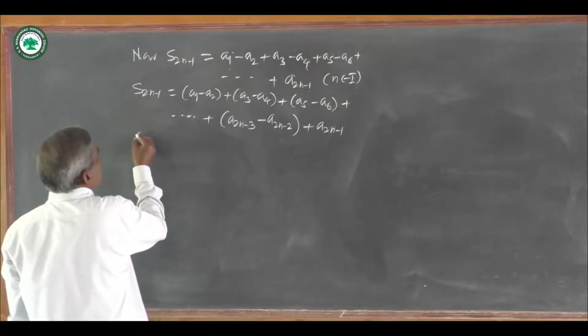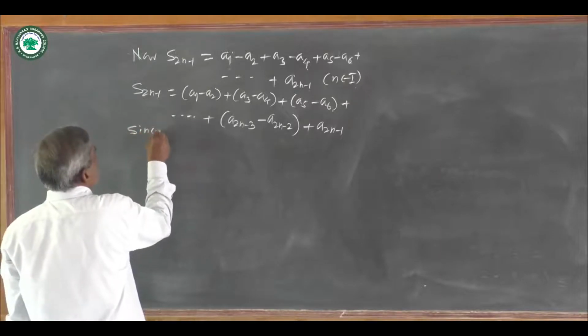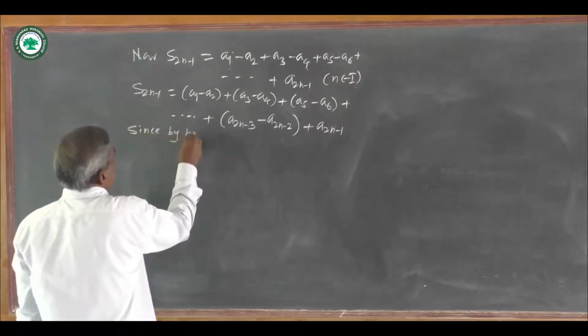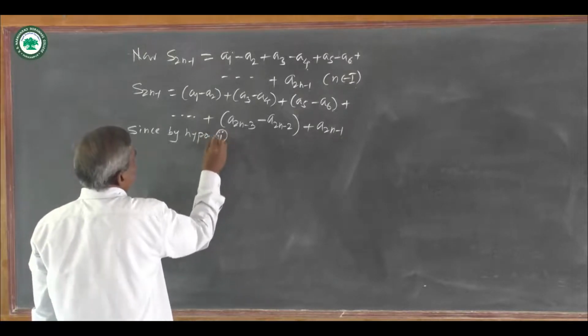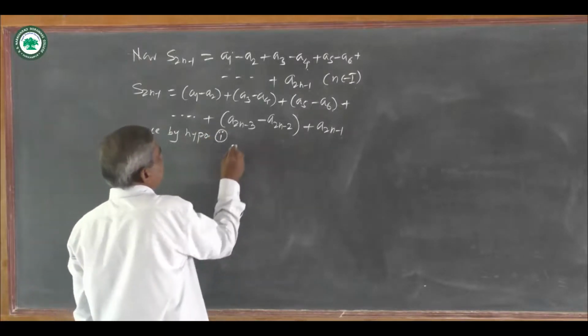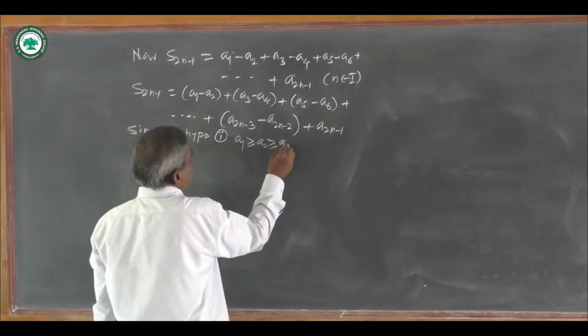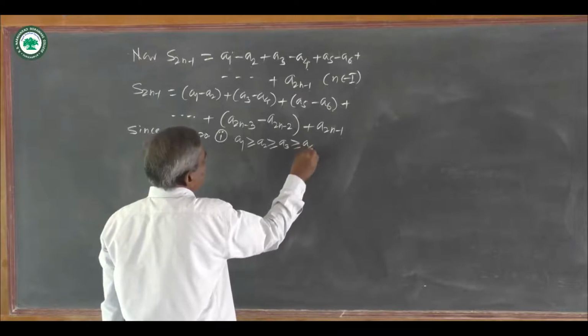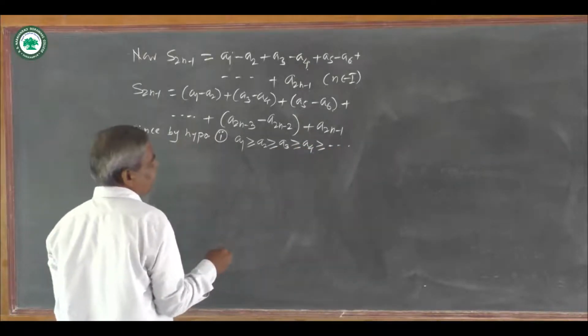Since by hypothesis 1, A1 is greater than or equal to A2, A2 is greater than or equal to A3, A3 is greater than or equal to A4, and so on.